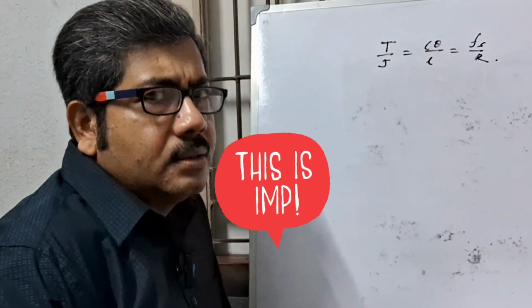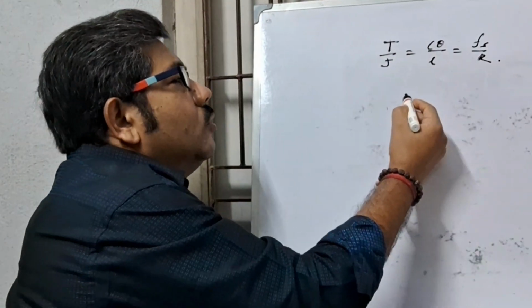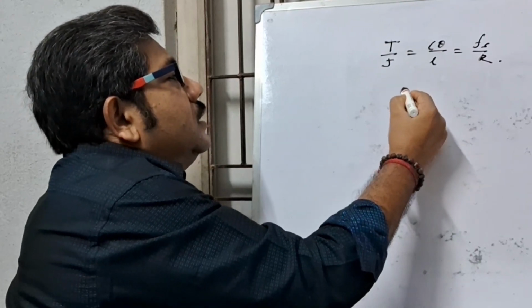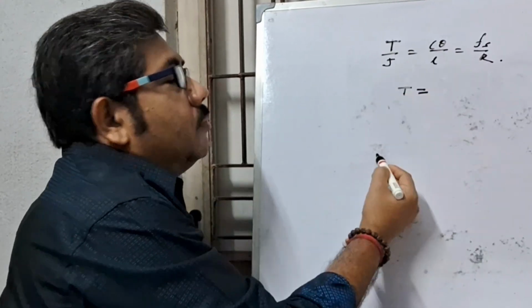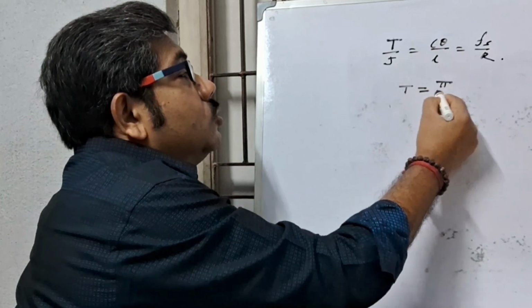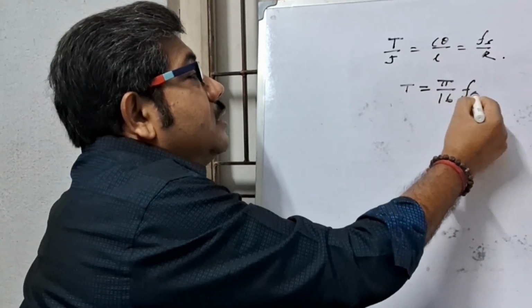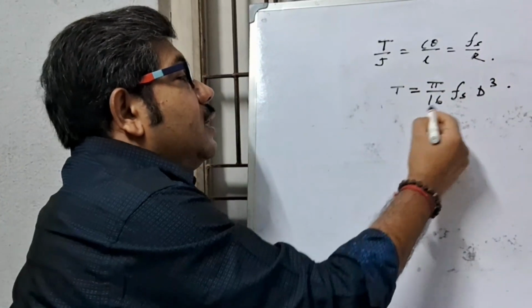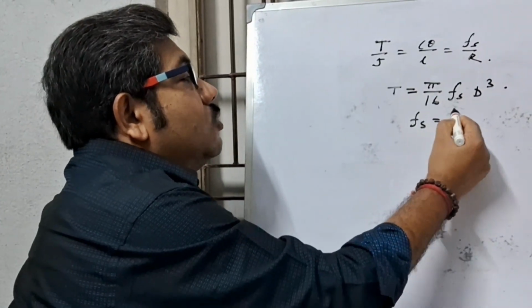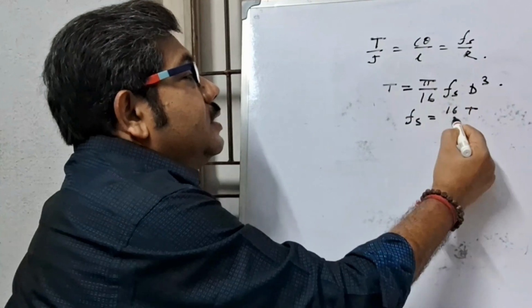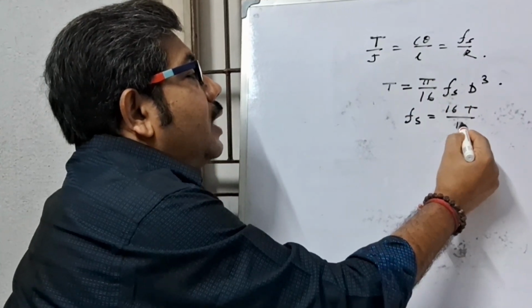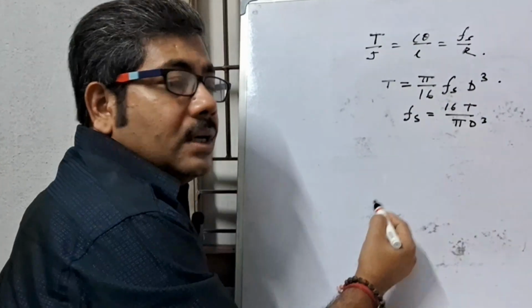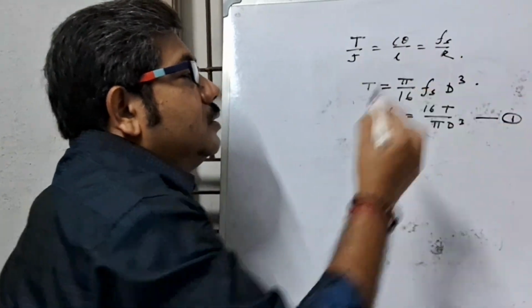In the previous lesson, we learned the torque transmitted T is equal to pi by 16 Fs d cubed. So here Fs equals 16T by pi d cubed. This is equation number 1.